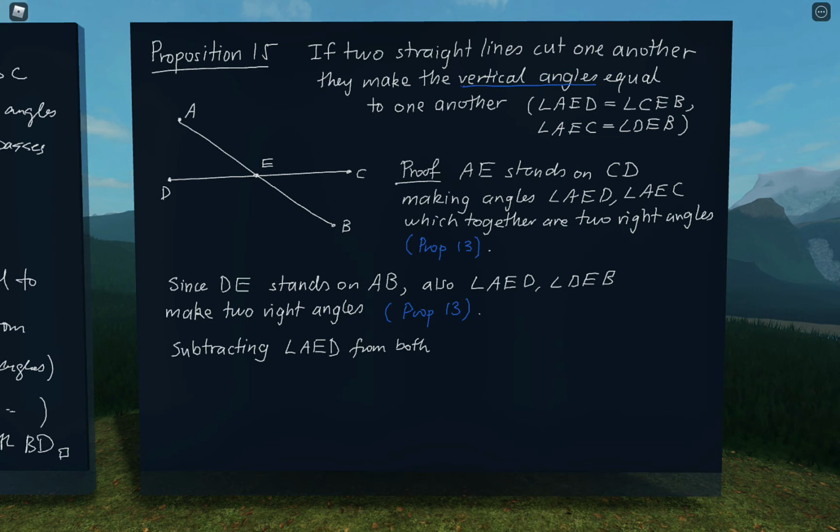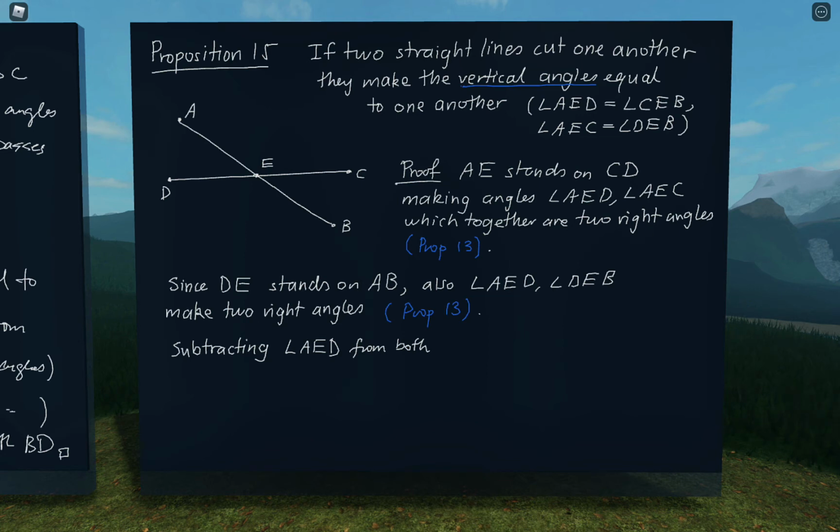So I don't know, strictly speaking, maybe there's an argument missing for common notion 2 is if equals be added to equals, the wholes are equal. Common notion 3 is if equals be subtracted from equals, the remainders are equal. Okay, so I didn't quite catch Euclid there.